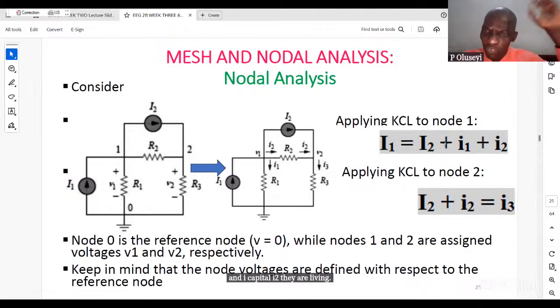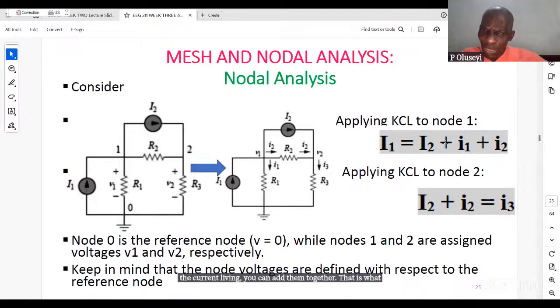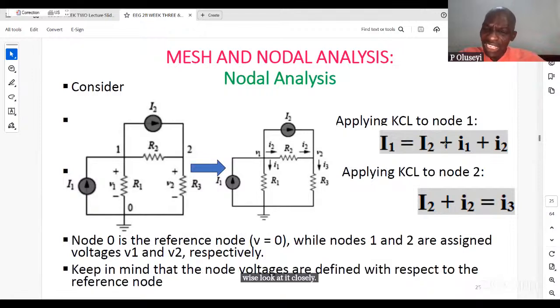Based on our rule of KCL, the algebraic sum will be equal to 0, but the currents entering, you can add them together, and the currents leaving, you can add them together. That is what we have done. Somebody may ask me, why do you have I1, I2 twice? Look at it closely. We have the uppercase I and the lowercase i.